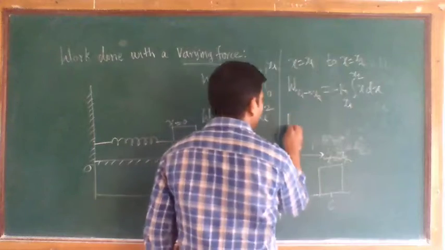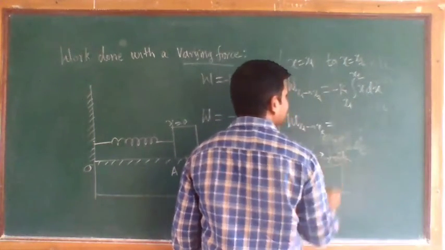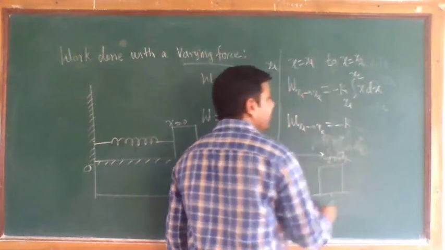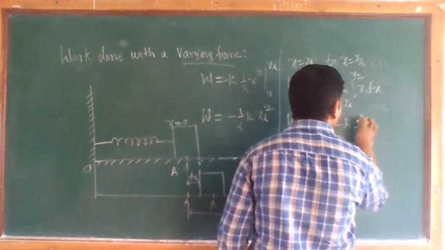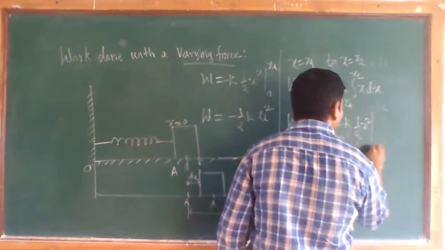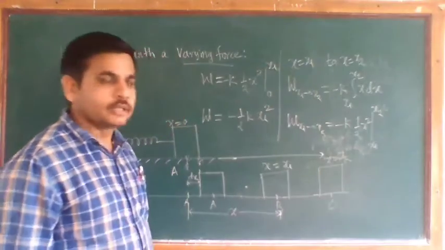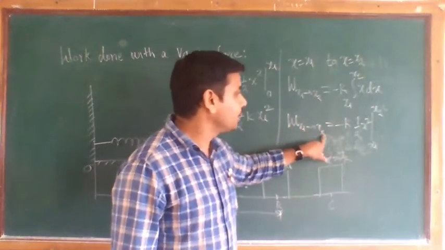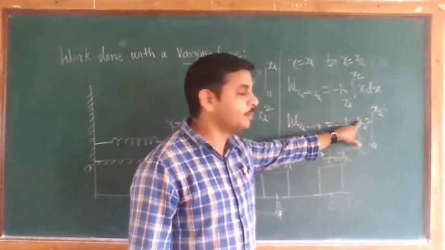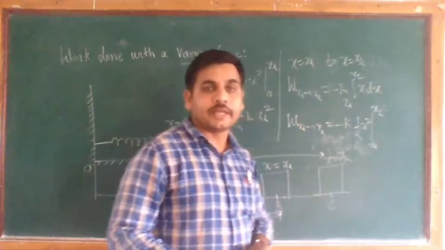You get W from x1 to x2, which is nothing but minus k into 1 half x square, 1 half x square from x1 to x2. So the total work done from x1 to x2 is nothing but minus k into 1 half x square from x1 to x2.